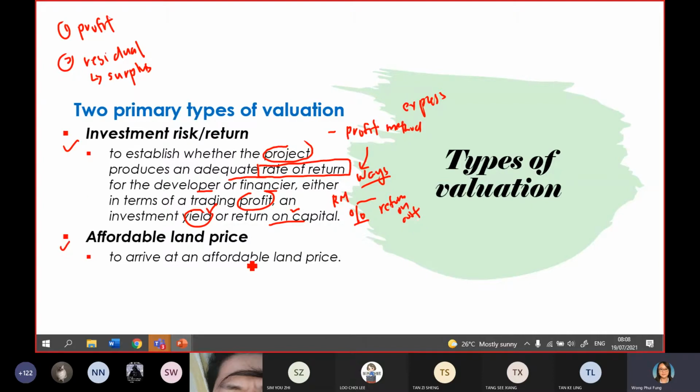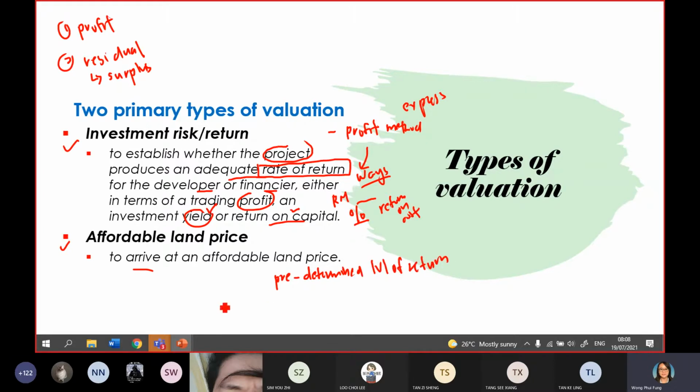The second method is what we call the residue method, to calculate the land price at the end. Basically, the residue method is to establish the land cost at the end by inputting a predetermined level of return.